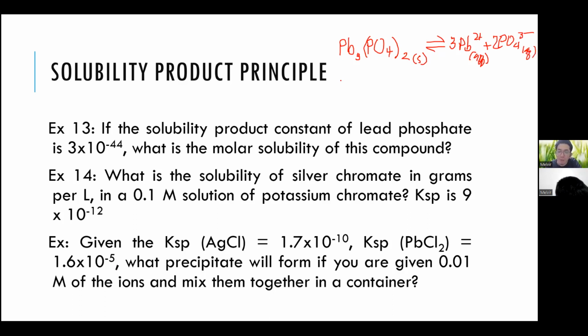So, what is our Ksp expression? Ksp is equal to Pb2+ raised to 3, and then phosphate raised to 2. Look, Josh, they all come from the lead phosphate, so X, 3X and then 2X.